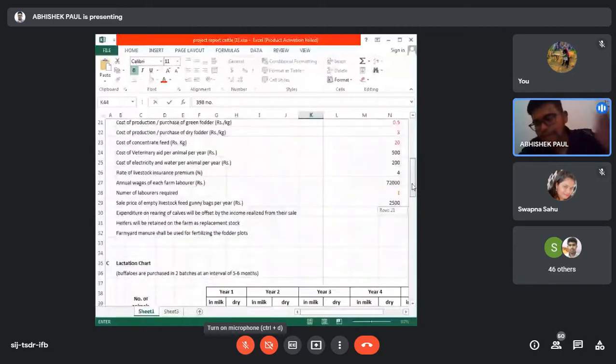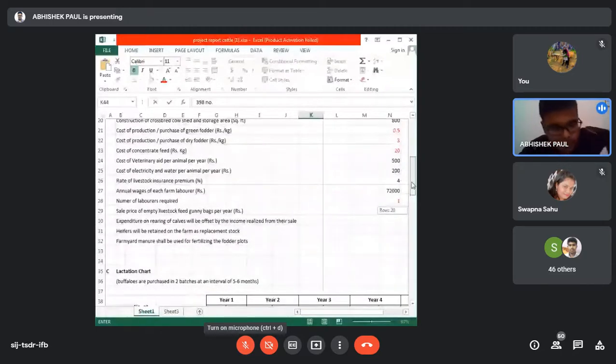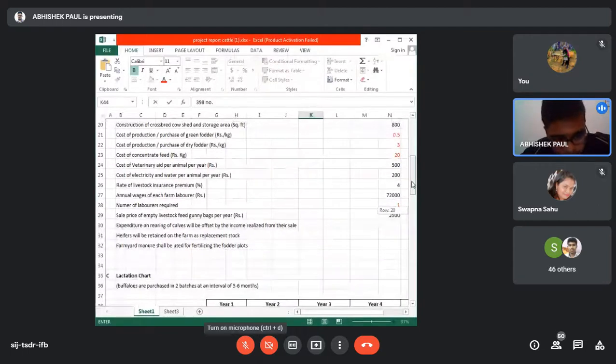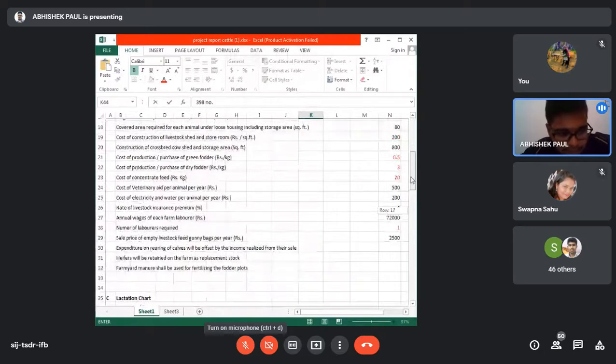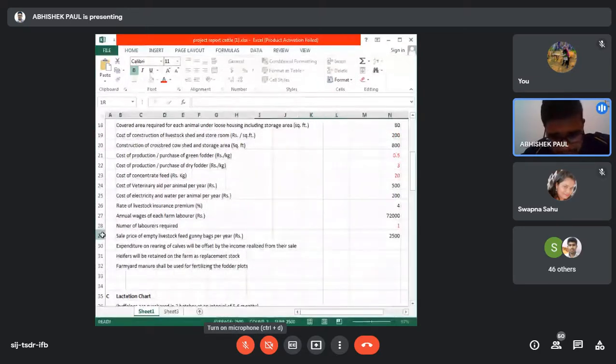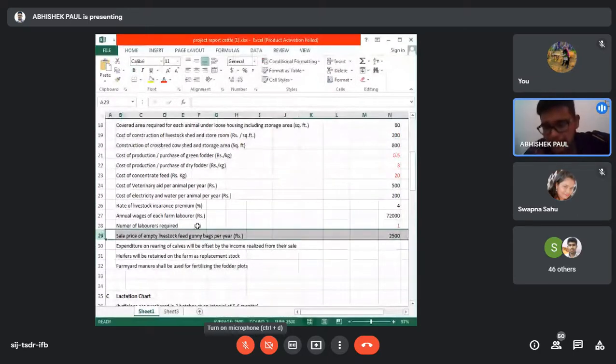In the second, third, fourth and fifth year, you need to calculate similarly. After calculating the number of gunny bags, then you calculate the sale with the sale price. The sale price of the gunny bag is assumed directly in the project, but you can assume it differently also. Suppose you get 5 rupees after selling a gunny bag in the market.